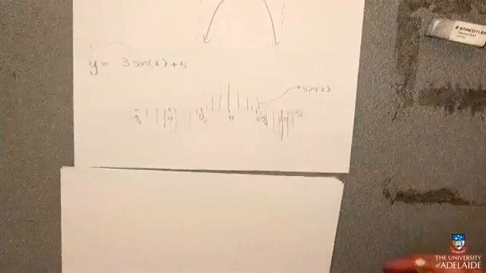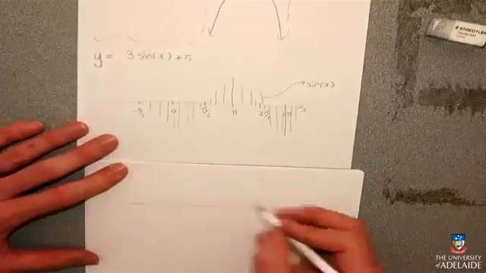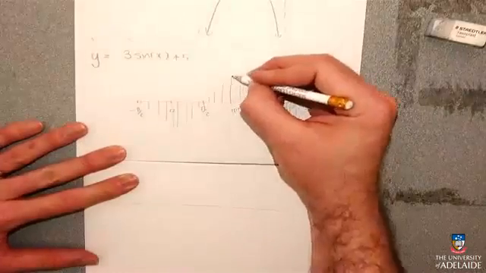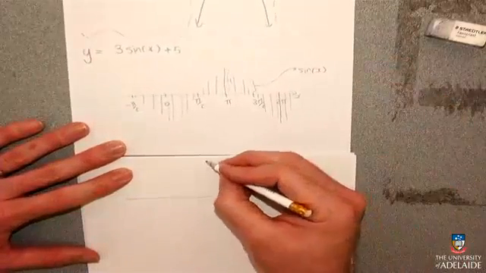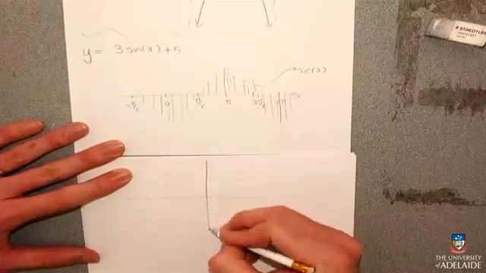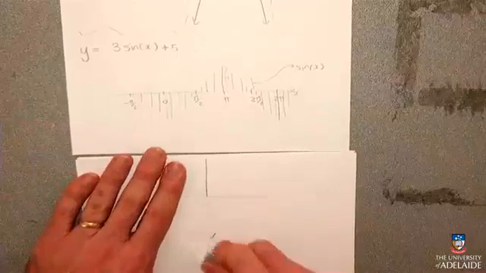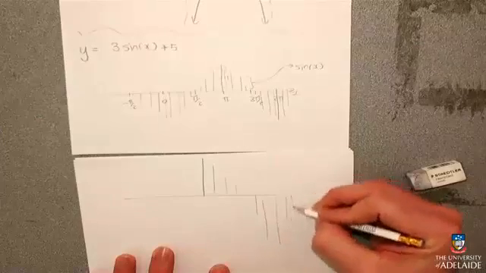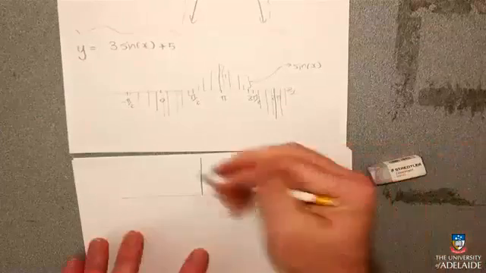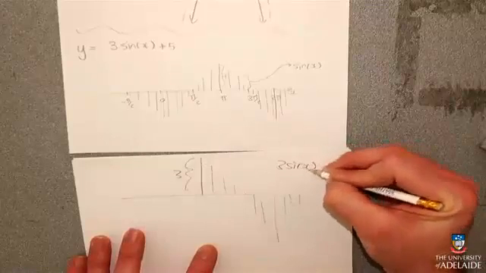So I can say that all these heights that I used to have, and depths, are now 3 times what they were before. So this was 1 here, and now it's 3. Which doesn't look like 3, but it's bigger. So now this height is 3. So we have 3 lots of sine x.